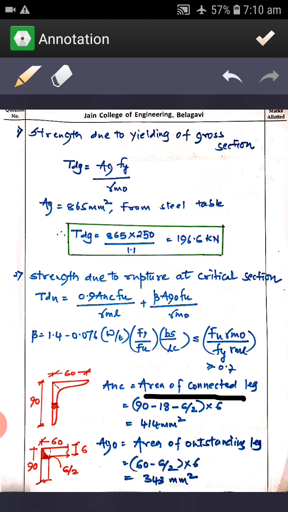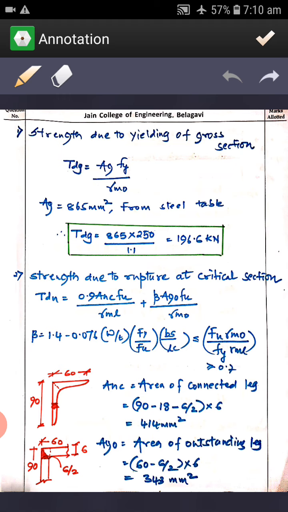ANC, N for net, is the net area of the connected leg. So 90 mm leg is connected, so 90 minus the bolt hole, which is 18, minus 6 by 2.